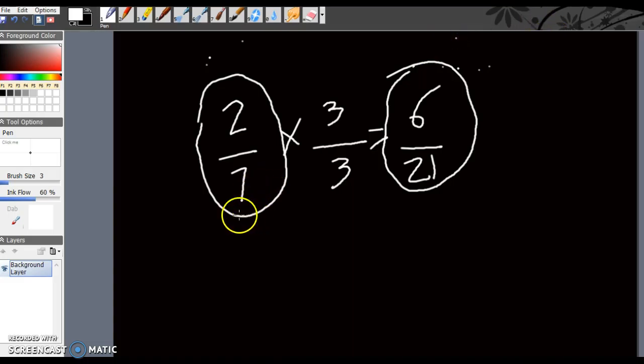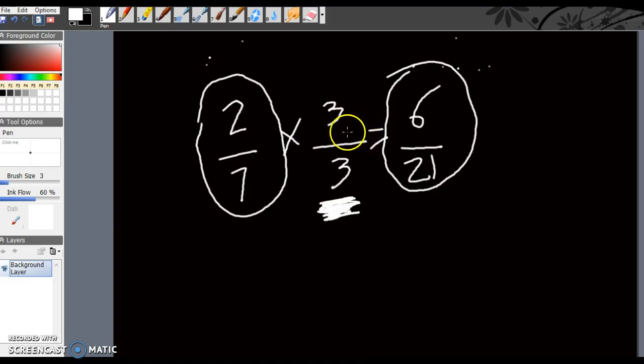Or in another way to say it, if I have a pie and I cut that pie into 7 pieces and I ate 2 of 7 pieces, it's exactly the same as if I have the same size pie and I ate only 6 of 21 pieces. Okay? Let's look at this part, it's really very important. What if I have a pie that is cut into 3 pieces?